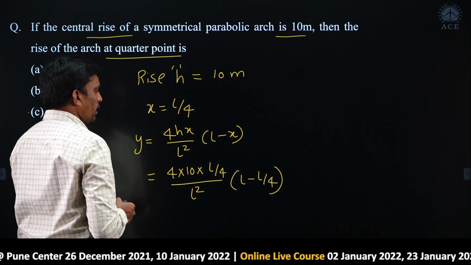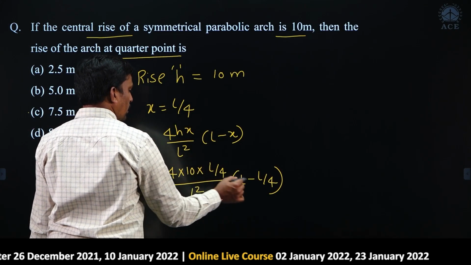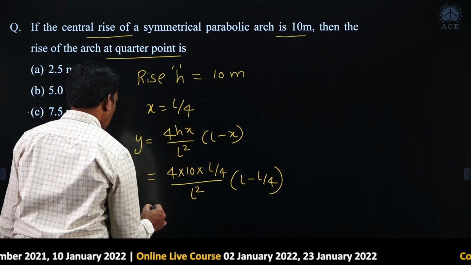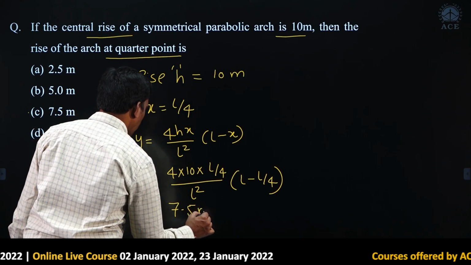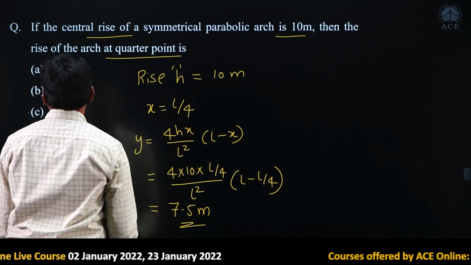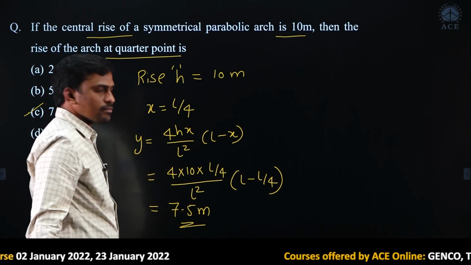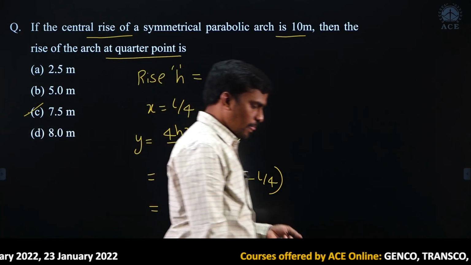Here L square gets cancelled, then solve it. After solving this you will get 7.5 meter. Then option C is correct. Note down.